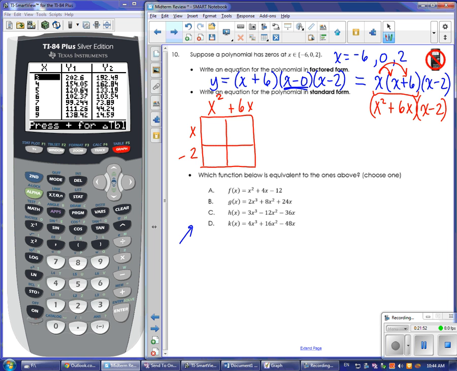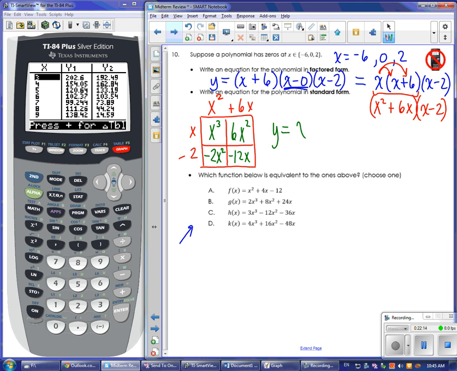So x times x squared is actually going to be x to the 3rd power. X times 6x is going to be 6x squared. -2 times x squared is going to give us -2x squared, and -2 times 6x is going to give us -12x.